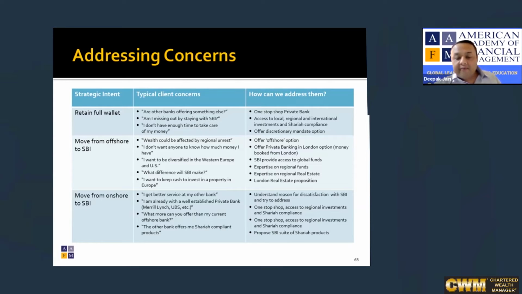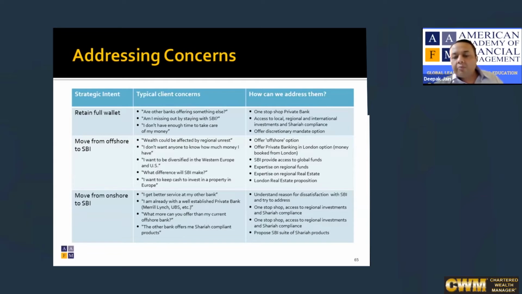I want to be diversified in the developed world, in Western Europe and US. What difference will you make? Why should I do it? I want to keep cash to invest in a property which I wish to buy in future in Europe or US.